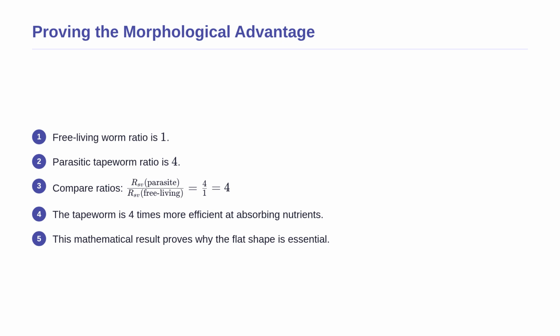This mathematical result perfectly explains the intuition behind the morphological adaptation. By becoming extremely thin and flat, the parasite maximizes its surface area while minimizing its internal volume. This high efficiency completely eliminates the need for the parasite to build and maintain its own digestive tract, saving vital energy.